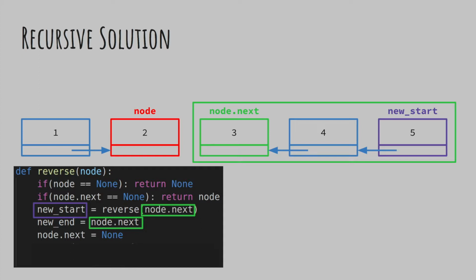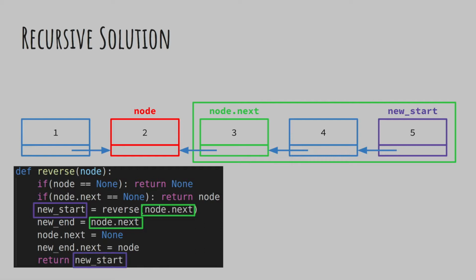So we will set the new end, we will let new end point to node, and in this way, the node is appended to the reversed linked list. So it will look like this.